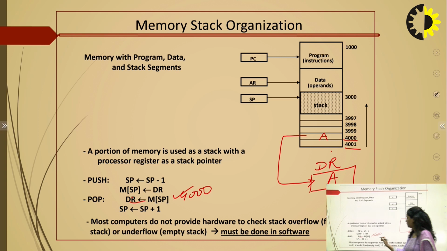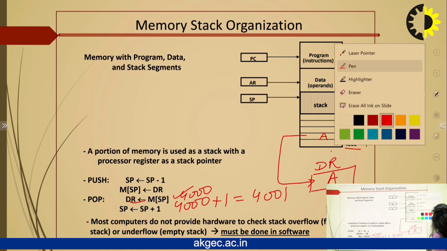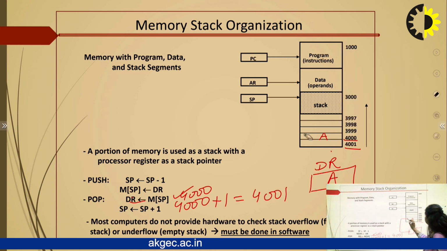4001. So here, if it will be 4000, I will be adding 4000 plus 1. It will become equal to 4001. So this stack pointer is now pointing to this.